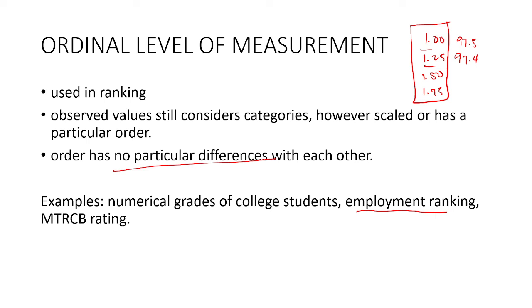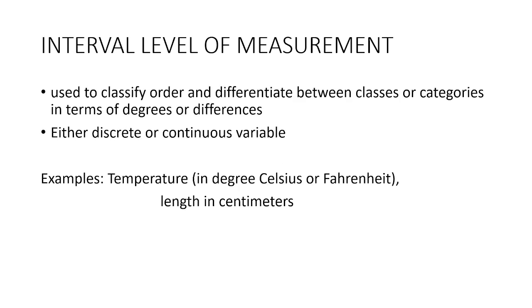since wala tayong particular differences dito, next na natin ay yung meron ng particular differences. Next natin is yung tinatawag nating interval level of measurement. It is used to classify and order and differentiate between classes or categories in terms of degrees or differences. So, here comes the degrees and differences. Interval measurements can either be discrete or continuous.